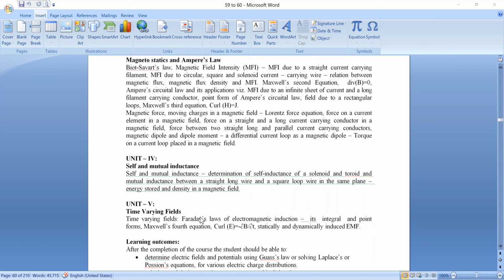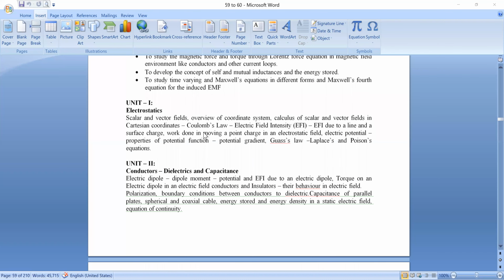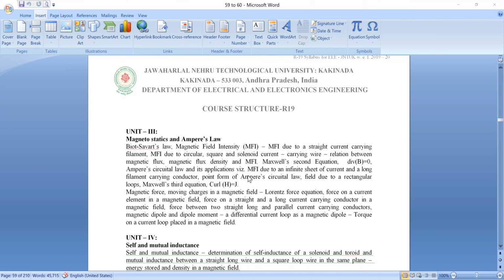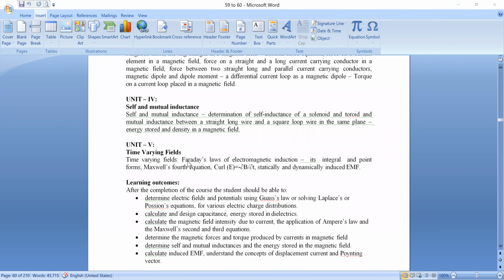So in the entire syllabus we discuss totally 5 laws. That is Coulomb's law, Gauss law, Biot-Savart's law, Ampere's circuit law, and finally Faraday's law.